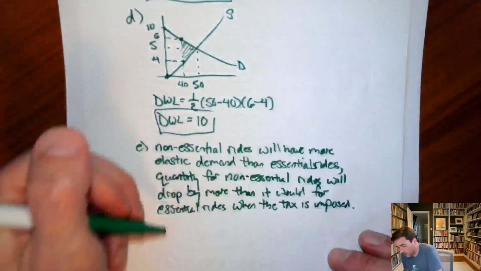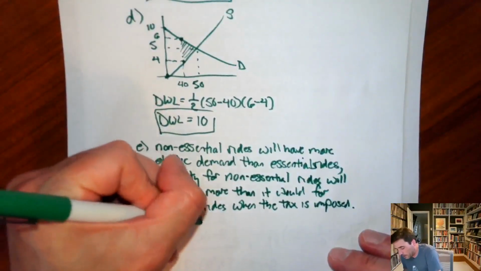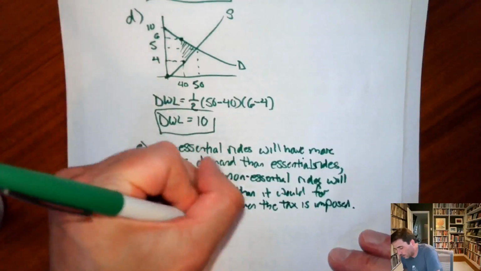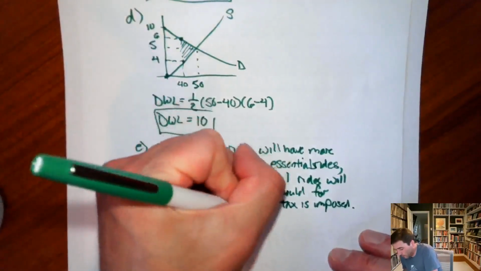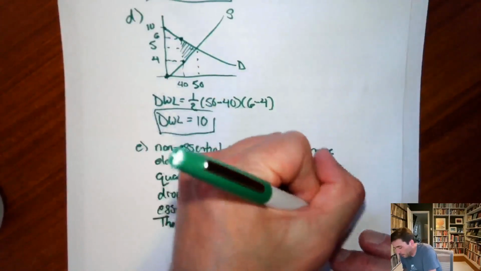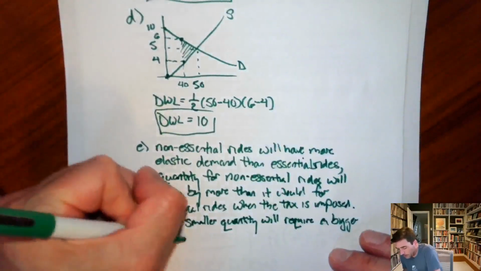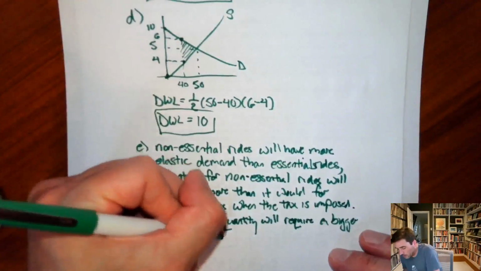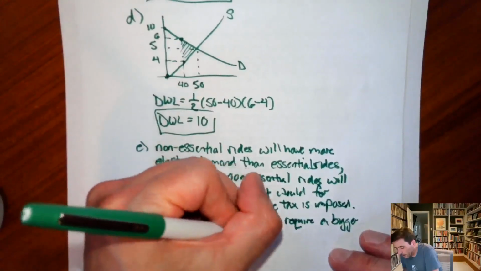All right. So that smaller quantity will require a bigger tax per unit to generate the $80.